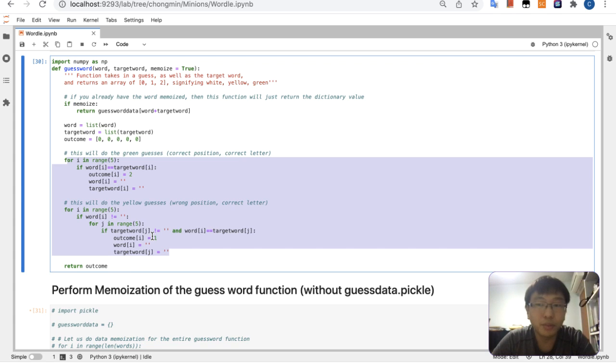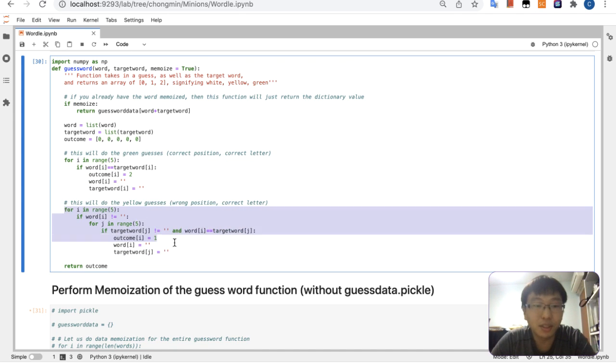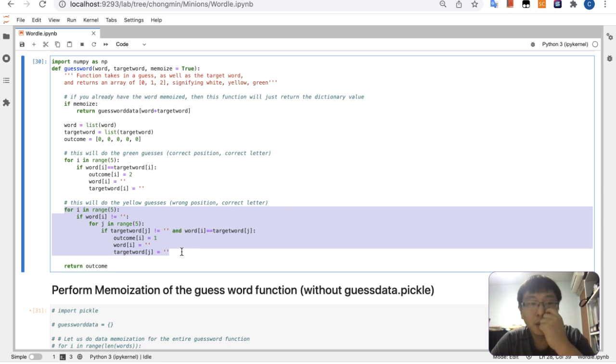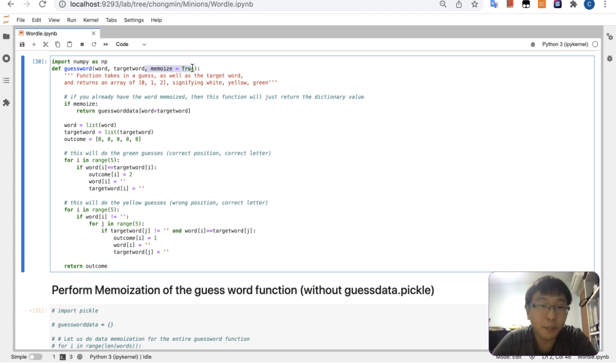Okay, so the problem with the bot just now was that the code was a little too slow, because if we do this, it will take 5 n squared, where n is 5. So it runs 25 times basically because of this double for loop here. One thing that I did to change this function was to add in a memorize.